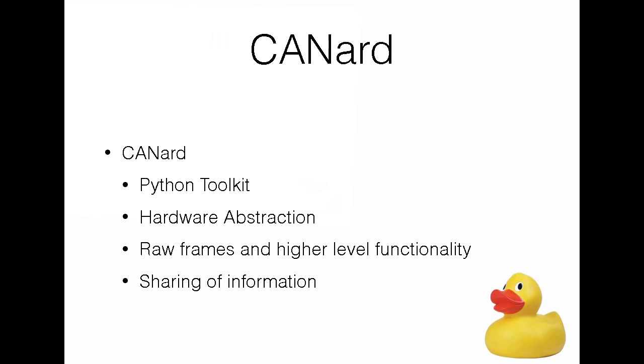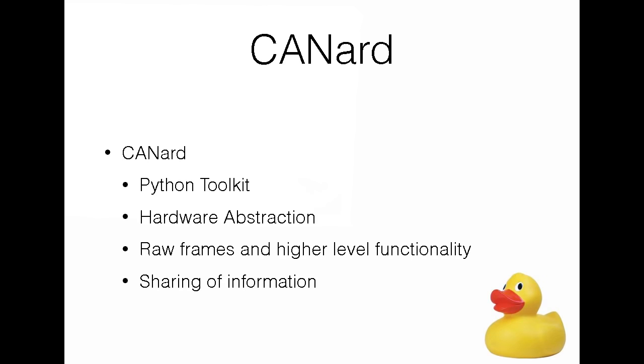This is a Python toolkit I'm working on, and the whole idea is to just abstract away hardware and say, let's treat CAN frames as totally generic: identifier, data length, data. We don't care what the hardware is. If we can encapsulate that, we should be able to send and receive it on any CAN hardware.